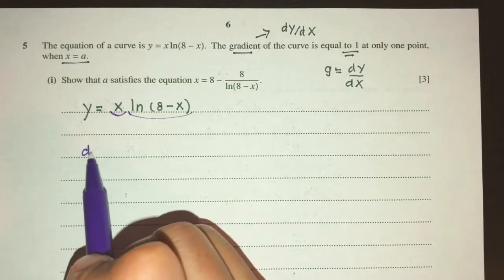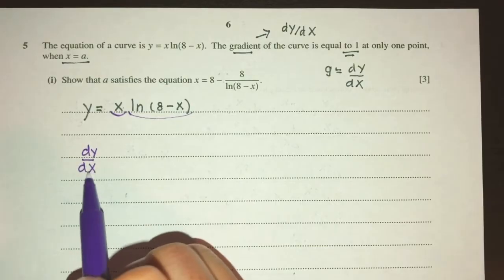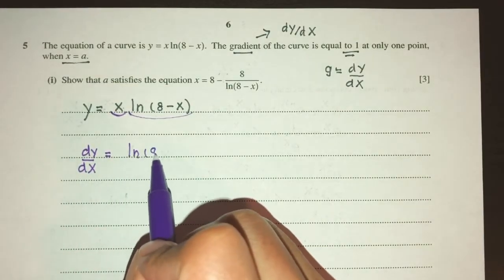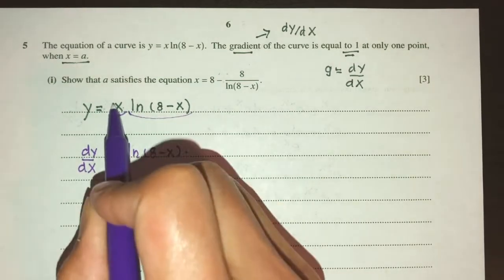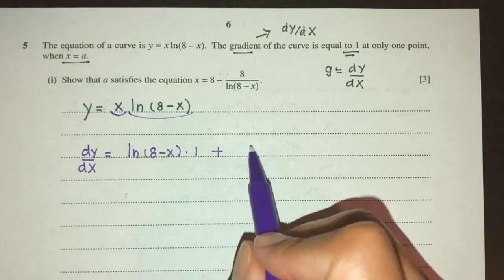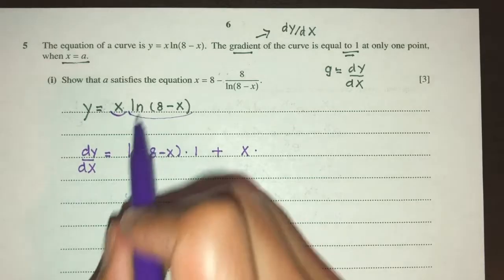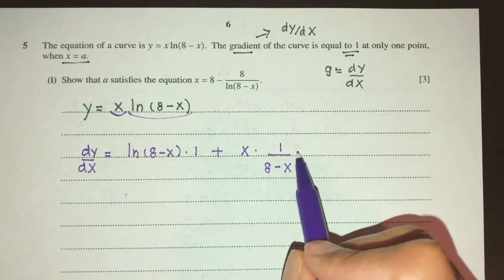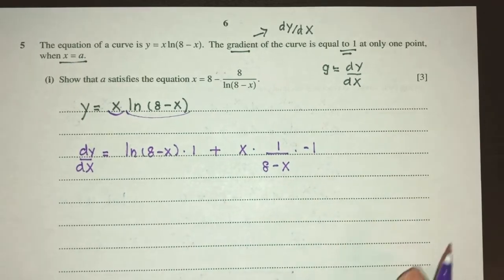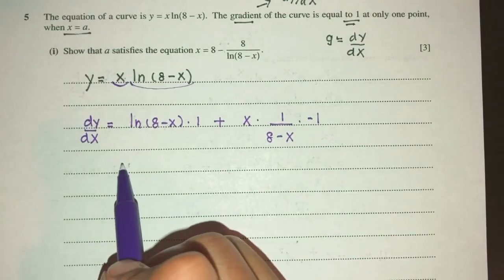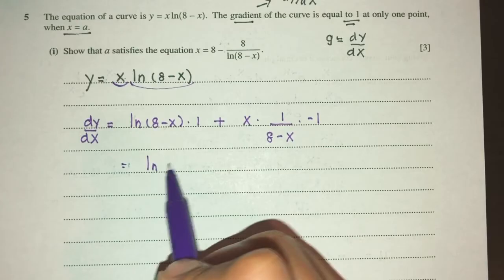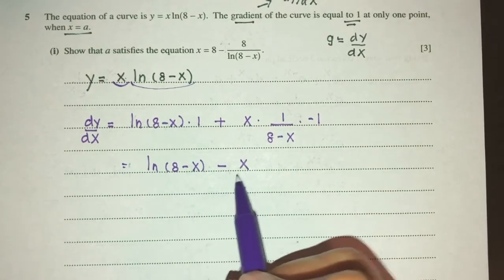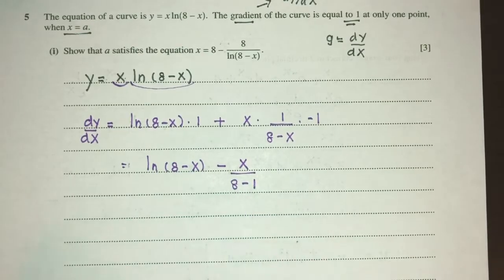So dy by dx is equal to, we leave this one by itself first and differentiate this one, you get 1, plus, then we leave this one by itself and differentiate this one, it will be 1 over 8 minus x, then times minus 1. Now simplify, you will have ln of 8 minus x minus x over 8 minus x, sorry.